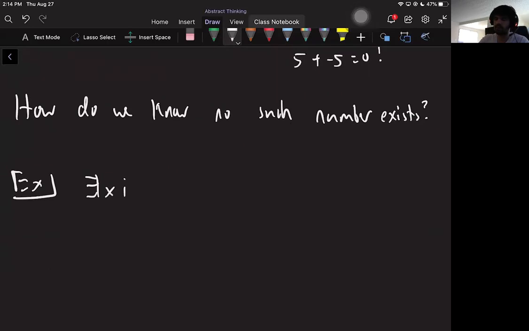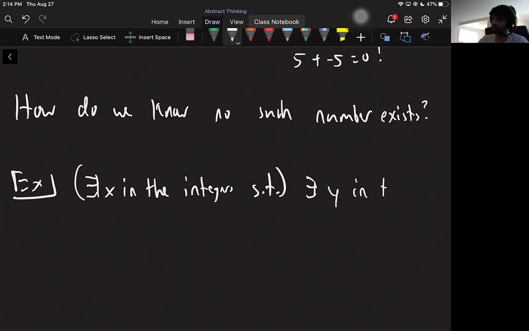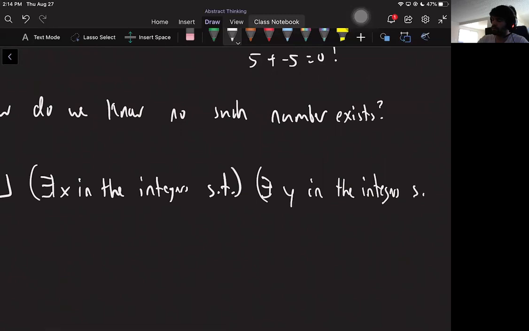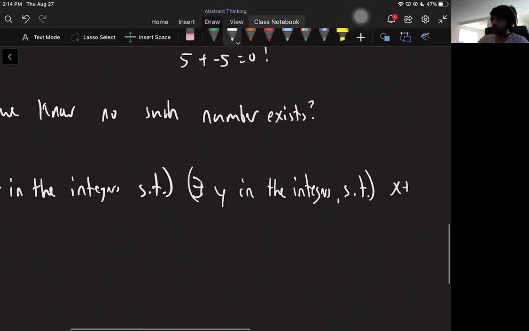There exists an x in the integers such that there exists a y in the integers such that x plus y equals 0.